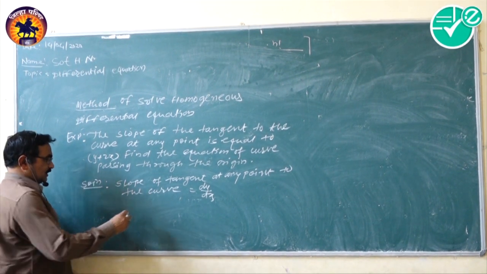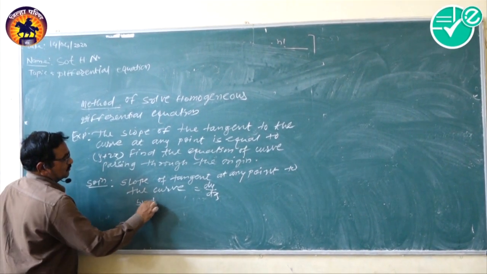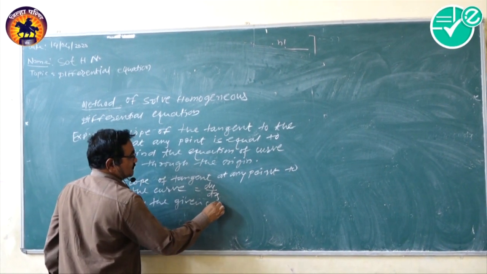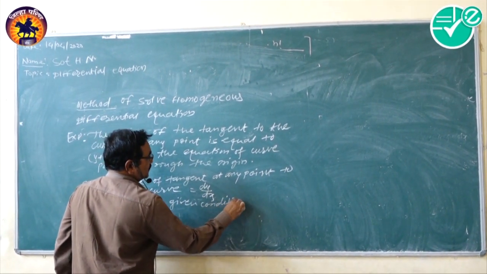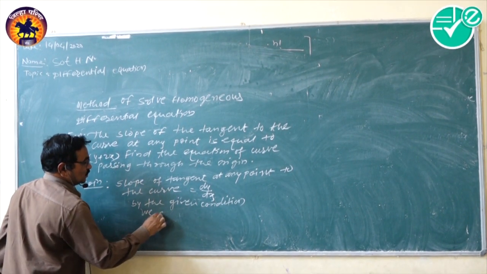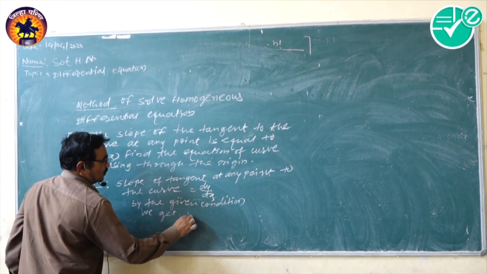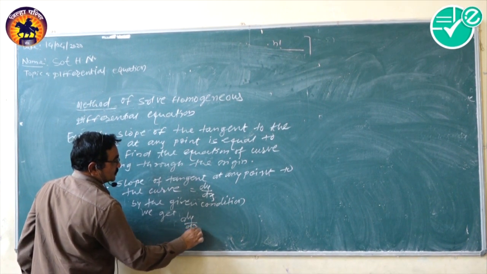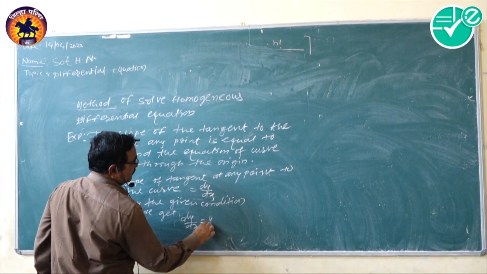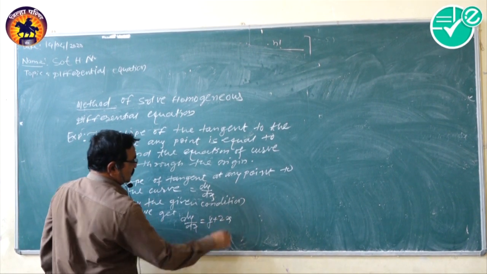By the given condition, we get dy by dx equal to y plus 2x.